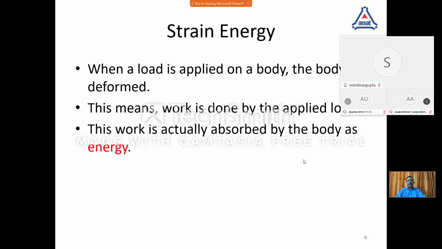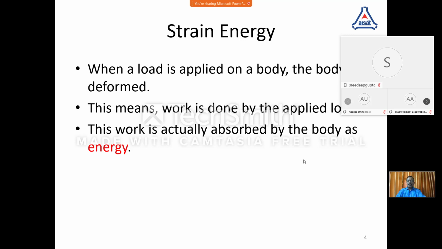This work done is absorbed by the body as energy. That means some energy is stored in the body, and this energy will be released when the load is removed, that is, when the body is deformed elastically.